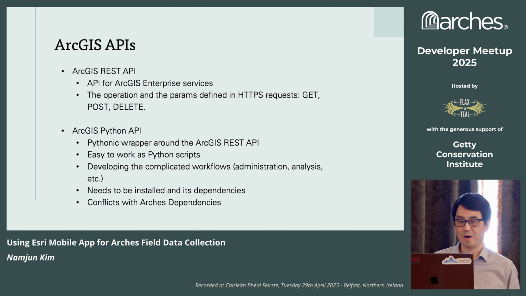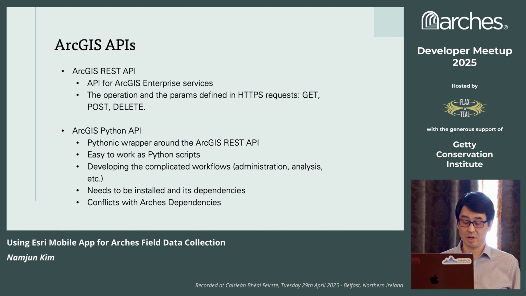Here's a brief description of what's available on the ESRI side. ESRI has an ArcGIS REST API. This is the typical REST API for ArcGIS Enterprise stacks, for getting, saving or deleting data using HTTP requests. I think it follows the REST framework standard.